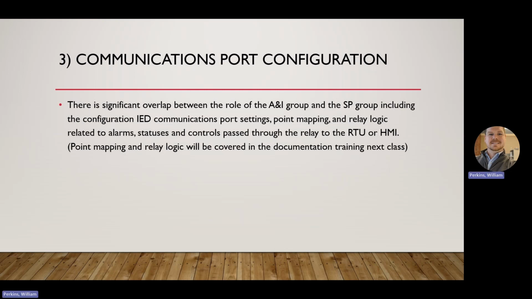The A&I group will also work with the system protection group to work out relay logic related to alarms, statuses, and controls, which are passed through the relay to the RTU or HMI. We'll go into more detail about the actual point mapping and the relay logic in the next class, but for now, this is a high-level description of the overlap between A&I and system protection.